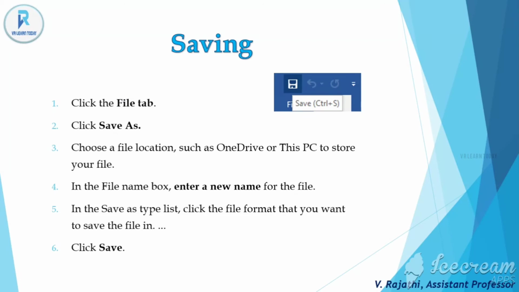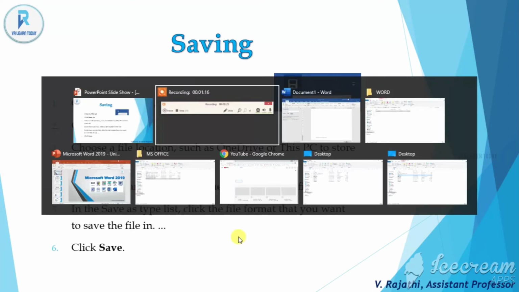But we have to know how to save the document. This is an important process, because if you save, you can use it later. So I'm going to show you how to save.